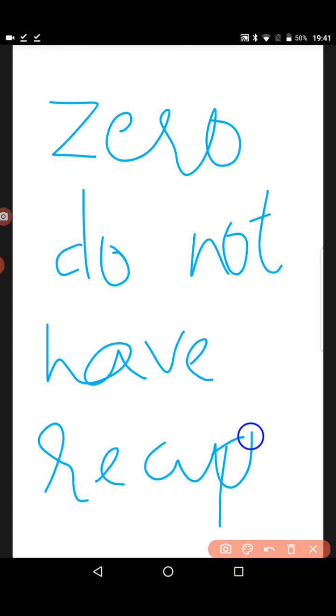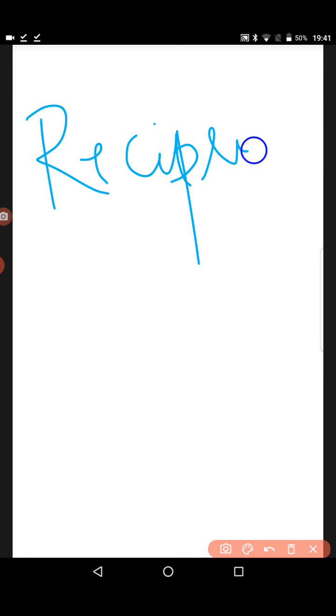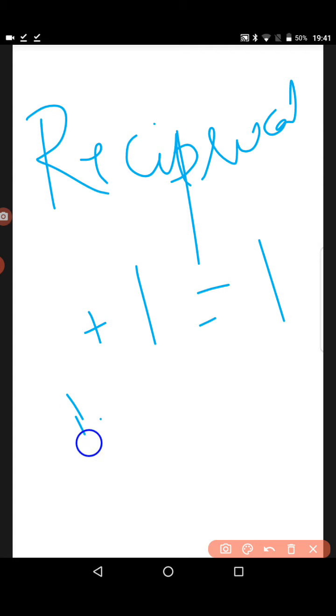This is a very important question, okay? So 0 doesn't have a reciprocal. And the reciprocal of 1, have you thought about that? So the reciprocal of 1 will be 1 itself, because 1 by 1 is just 1. Right? So those are the 3 points.